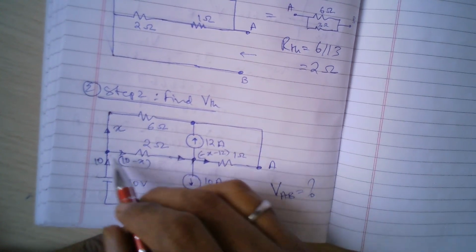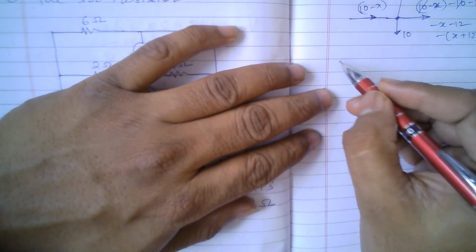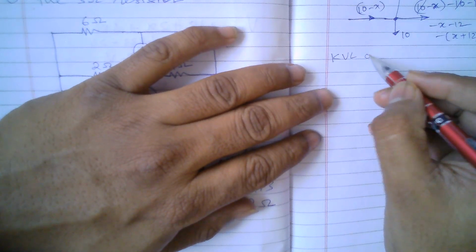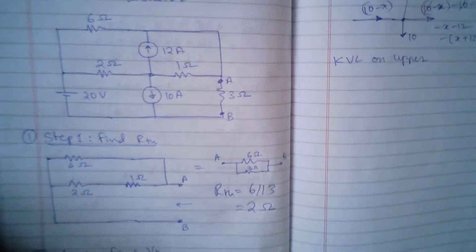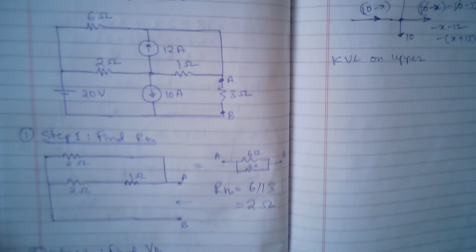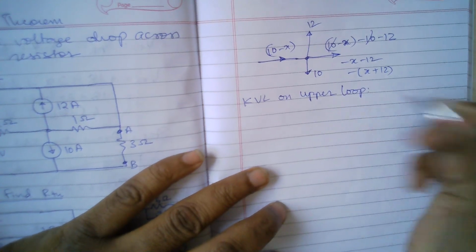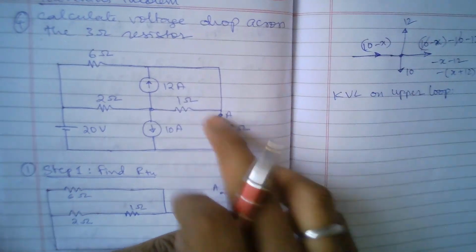So let us apply through this entire loop. KVL on upper loop. So how to apply KVL on the upper loop, this loop.